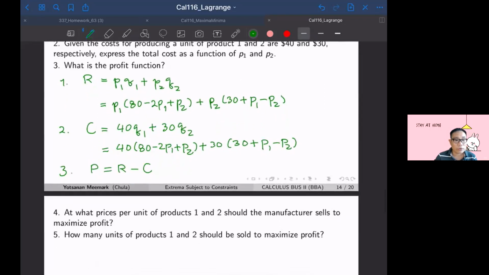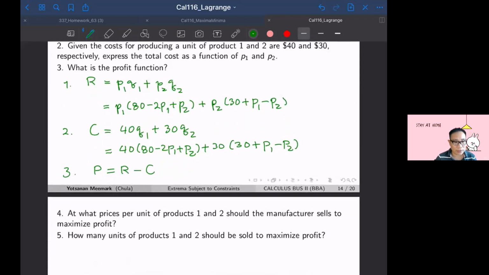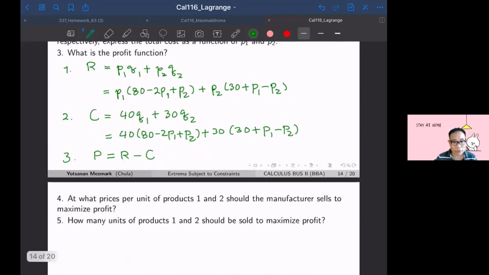Okay, so for number 4, the question asks you to find the maximum profit without any constraint. So in this case, you're gonna just use the second derivative test.